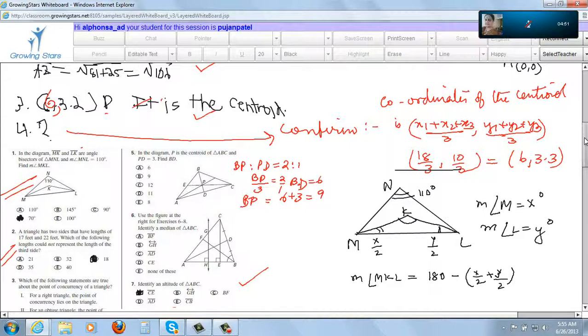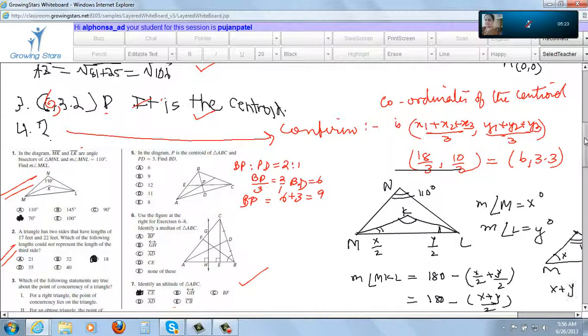Yeah. So we can make this 180 minus (x plus y) over 2. X over 2 plus y over 2 is the same as (x plus y) over 2. Now, if you look at the full triangle NML, we have 110 over here, x over here, and y over here. So what will be x plus y?